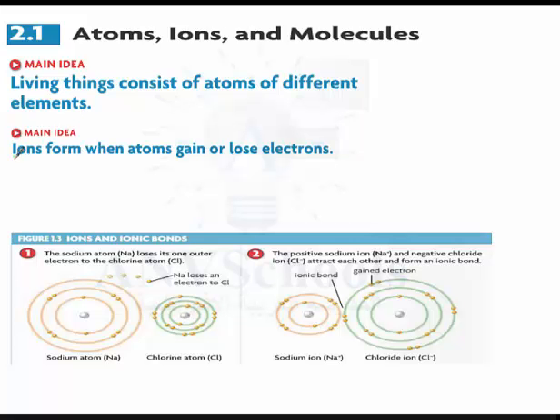Next, ions form when atoms gain or lose electrons.